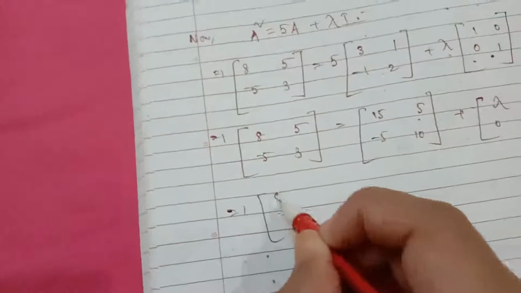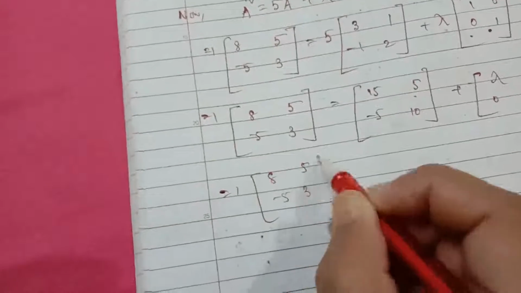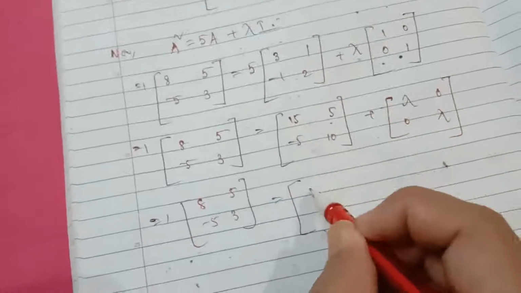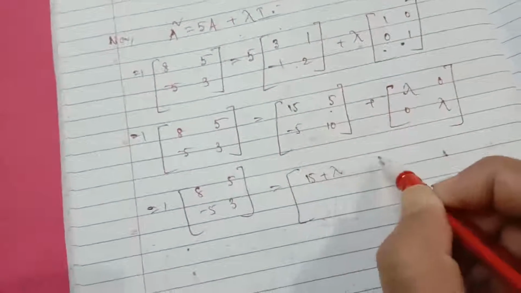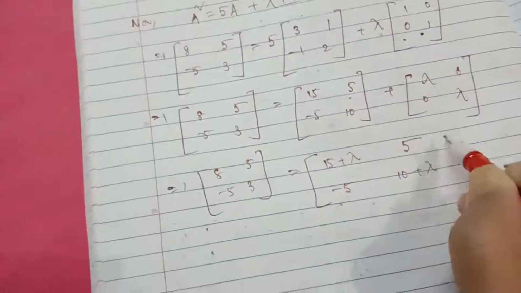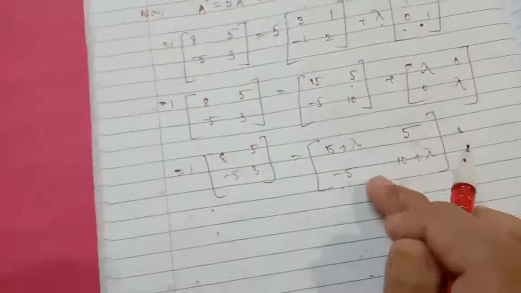Now adding the matrices on the right hand side, this matrix will be 15 plus lambda, 5, minus 5, 10 plus lambda. Adding these two we get this matrix.